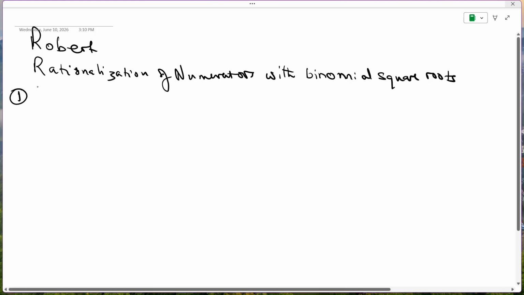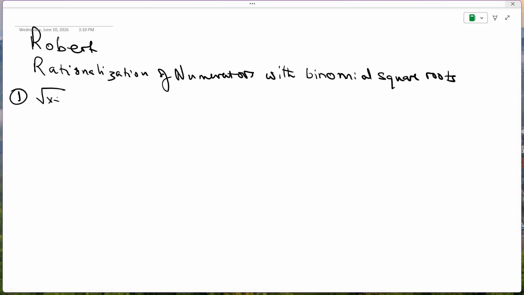Example number one, that is given root x plus h minus root x divided by h. Again, when we say rationalizing of numerators, we mean rationalizing or removing the root signs from the upper part of our expression.